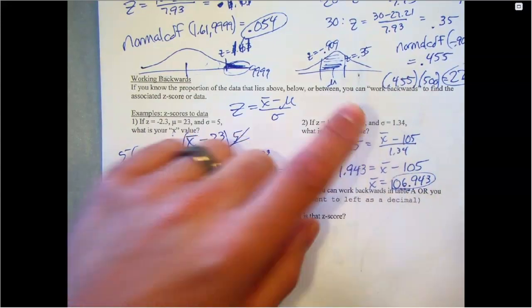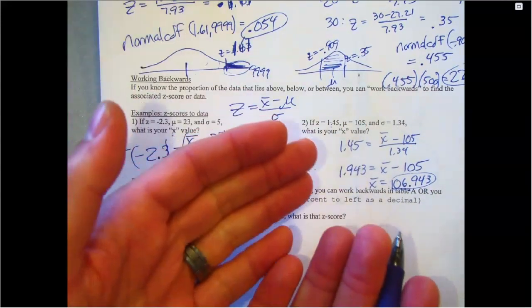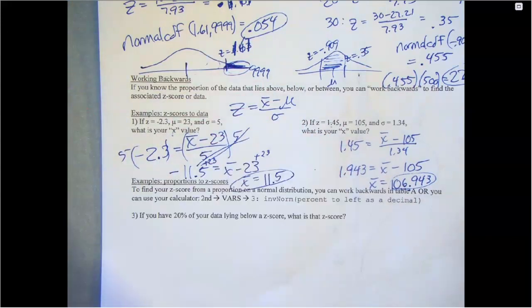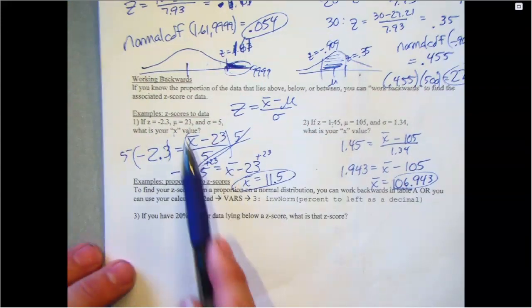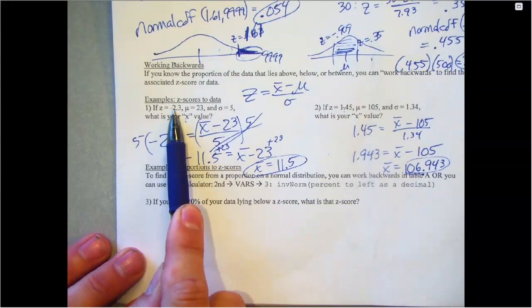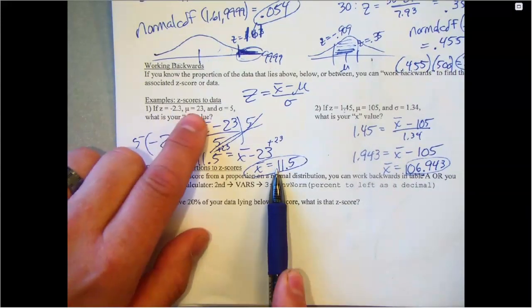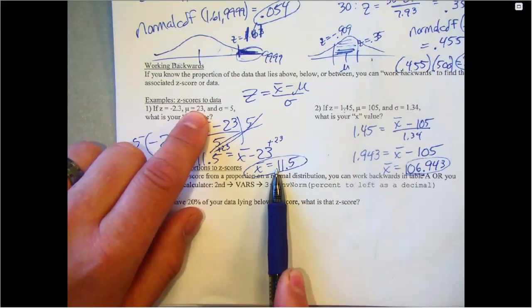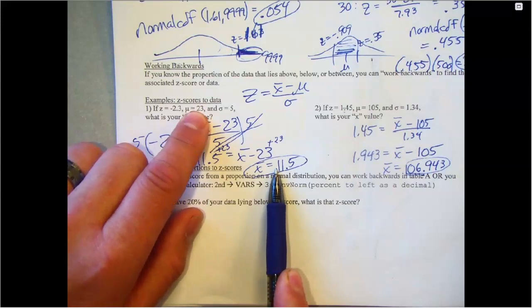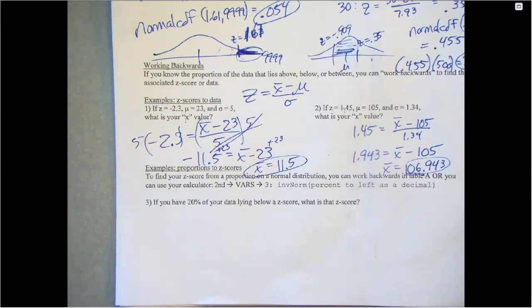It is. That doesn't prove that we're right, but if it wasn't, it would prove that you were wrong. Unlike this last one, we had a negative z-score, so our data point should be below our mean, and it is. It doesn't verify that we're correct, but it helps convince me a little. Questions? I don't think those are too bad.